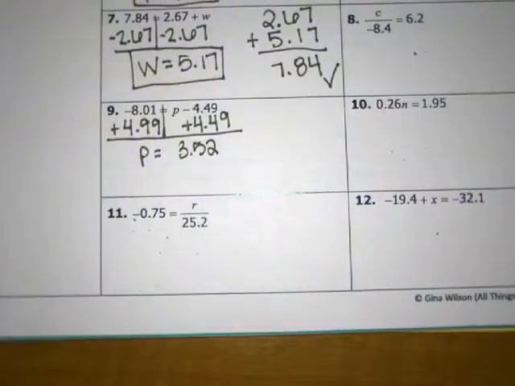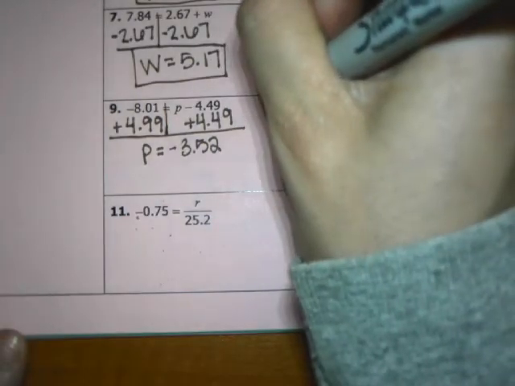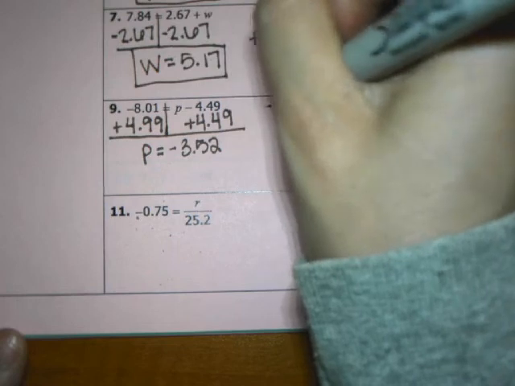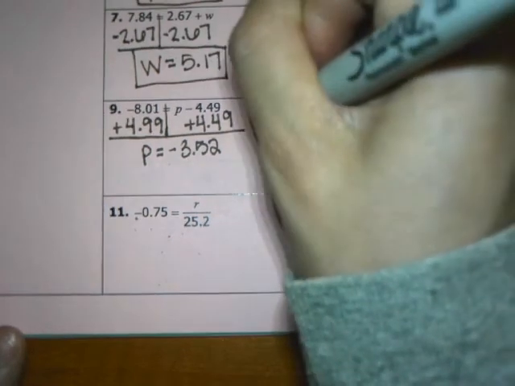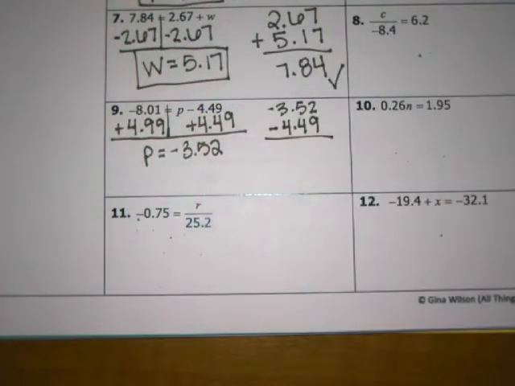Okay, 3.52. Positive or negative? Negative. How do we double check our answer? So it's a negative 3.52 minus 4.49, which means we do what operation? They're both negatives.